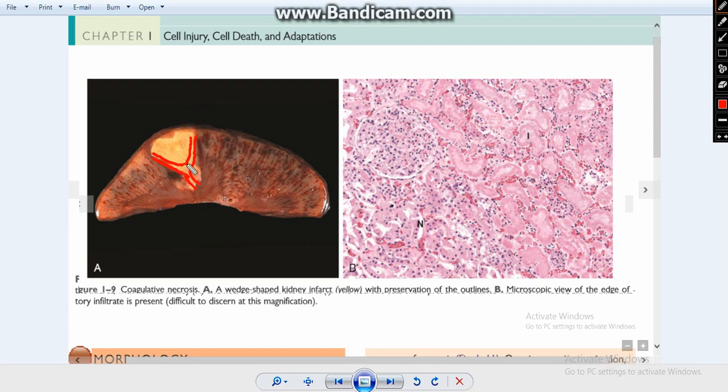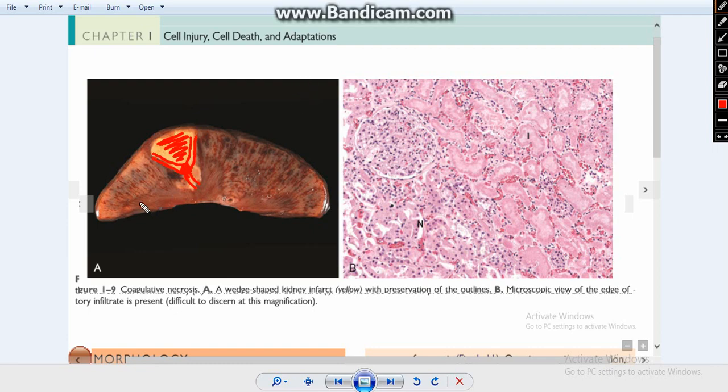Suppose that there is an infarct in this area. This means that all this becomes infarcted tissue and it becomes pale. And the interesting thing is that the wedge shape basically points to the site of occlusion. And so this is coagulative necrosis.